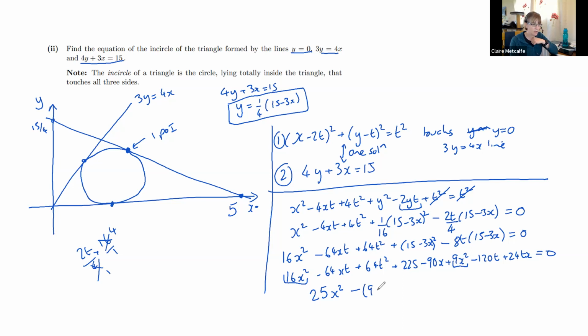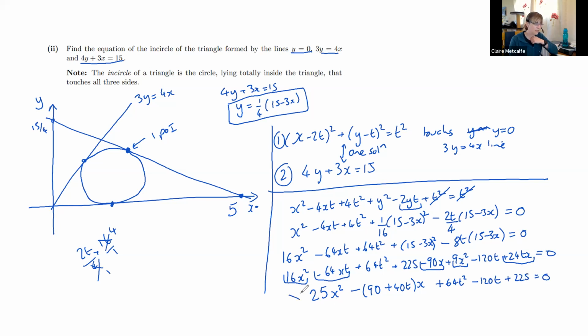So that's minus 90 plus 40, because it's a minus 40tx. So that's that term, and this term. So those are all my x terms. And then the last term, I've got 64t squared minus 120t plus 225 equals 0.